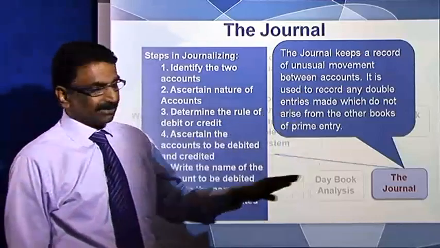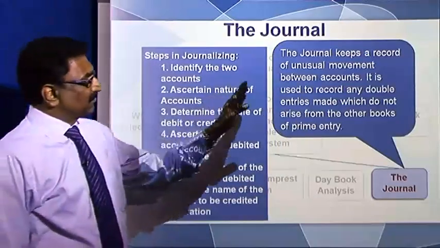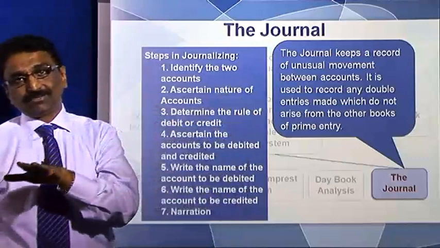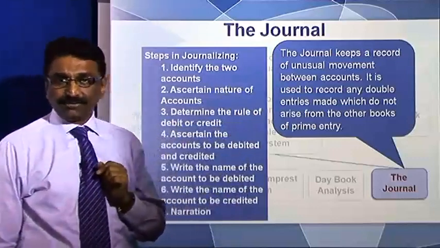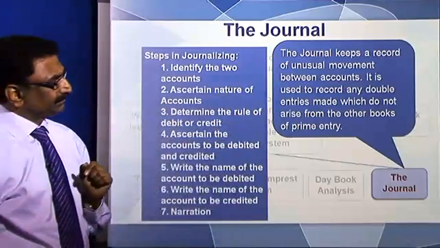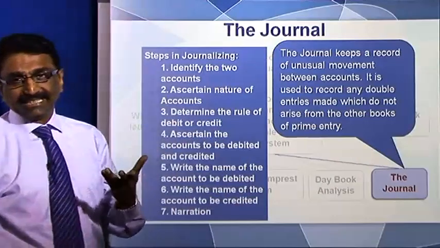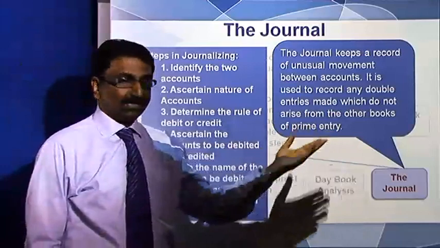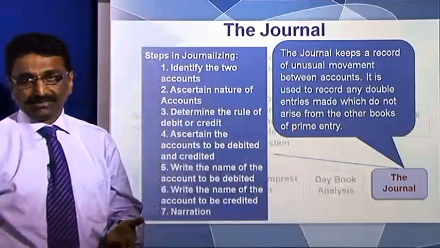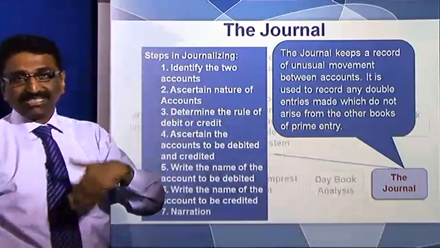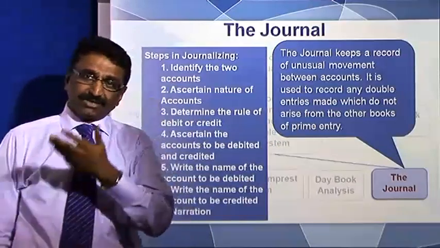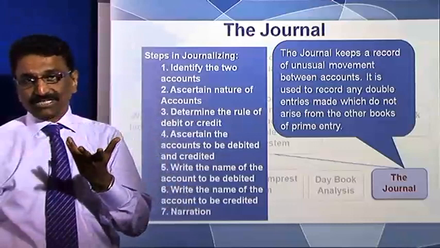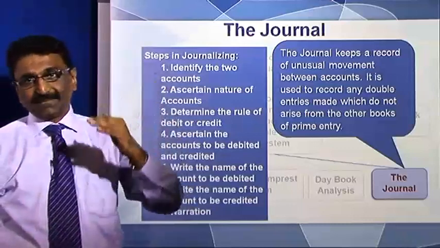Essentially, as I said before, remember, the journal is used for transactions which may not be captured in the other books of prime entry, but it can also be used completely without the other books of prime entry that I spoke about, and we can use the journal itself to capture those transactions as they happen chronologically.